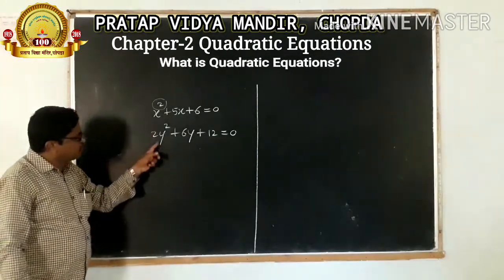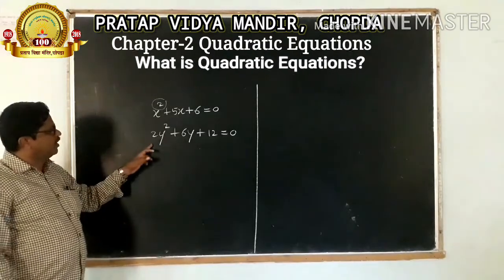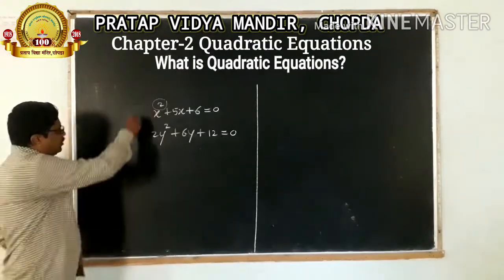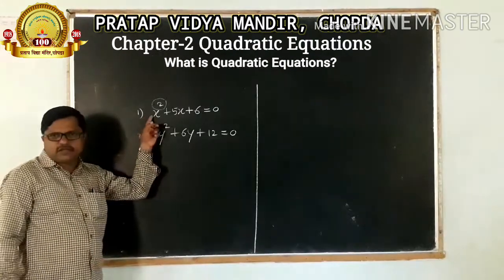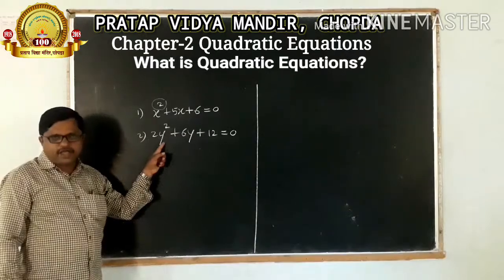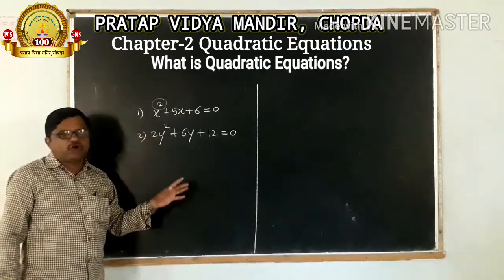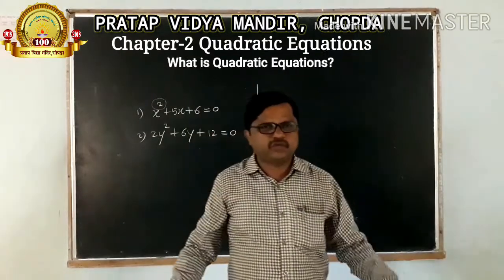In the first equation the variable is x, in the second equation the variable is y. Such type of equations are called quadratic equations.